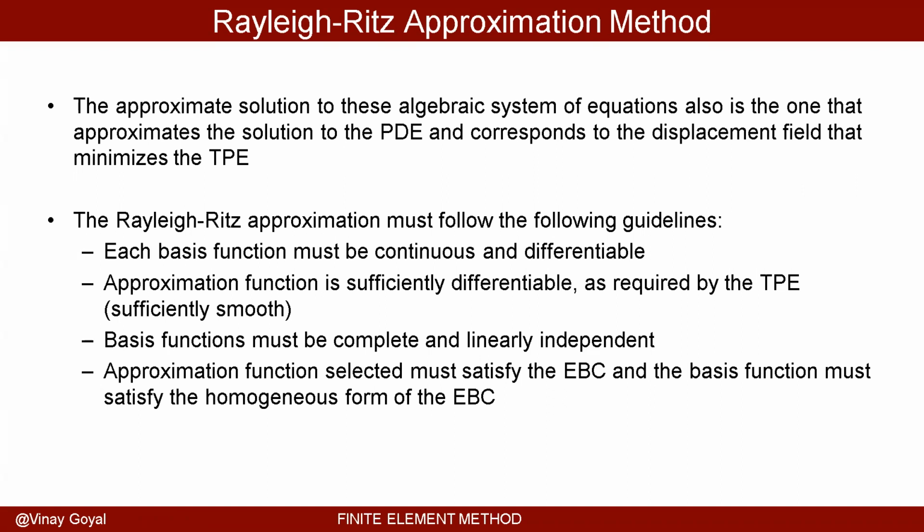So in this case, with w double prime squared, we need an approximation function of the quadratic form. The basis function must be complete and linearly independent. And the approximation function selected must satisfy the essential boundary conditions. And the basis function must satisfy the homogeneous form of the boundary conditions. But we need to just satisfy the essential boundary conditions, just like in the weak form Galerkin.